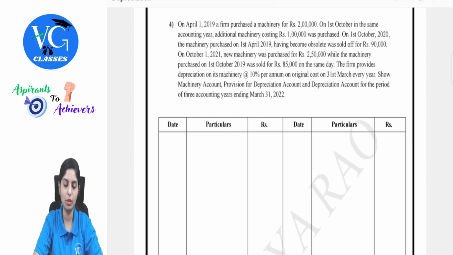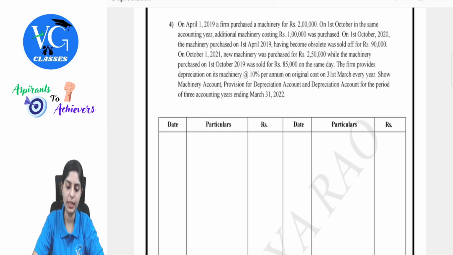On 1st April 2019, a firm purchased a machinery for 2 lakh. On 1st October in the same accounting year, additional machinery costing 1 lakh was purchased. On 1st October 20, the machinery purchased on 1st April, having become obsolete, was sold for 90,000.